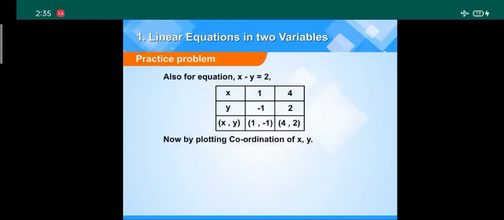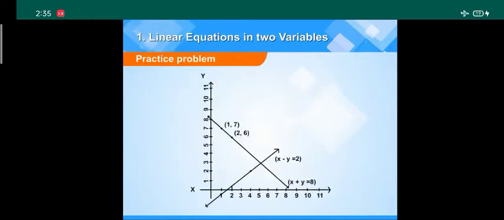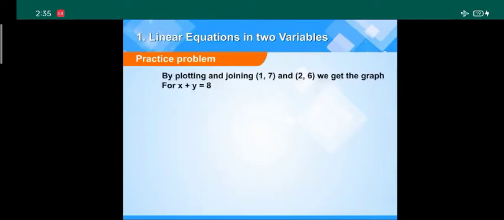Now, by plotting coordinates of xy, we get the graphs. By plotting and joining coordinates 1, 7 and 2, 6, we get the graph for x plus y is equal to 8.